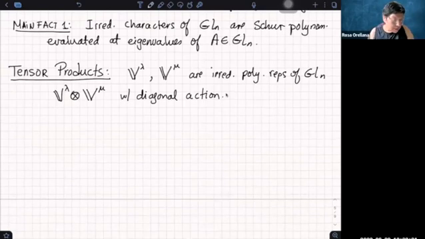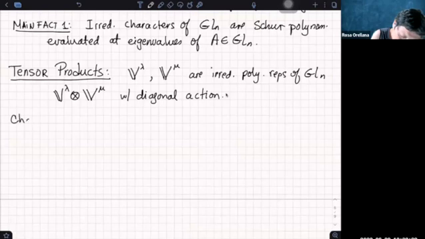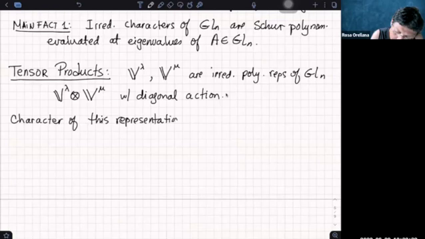And the important thing for us is that the character of this representation is the product of the two polynomials, S lambda and S mu.